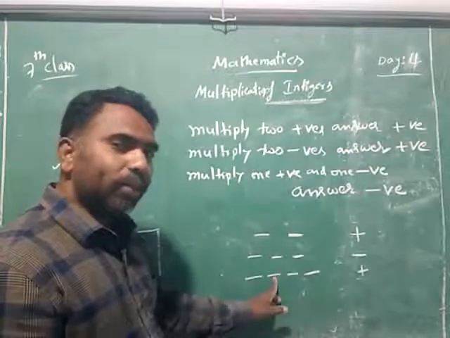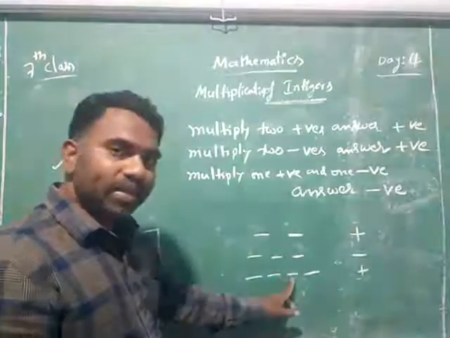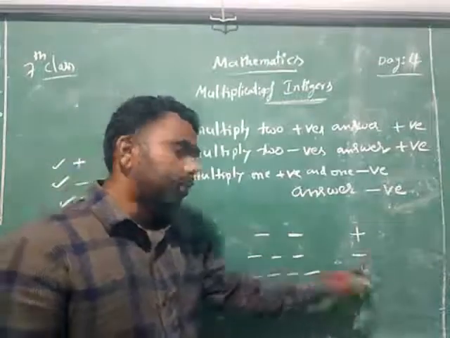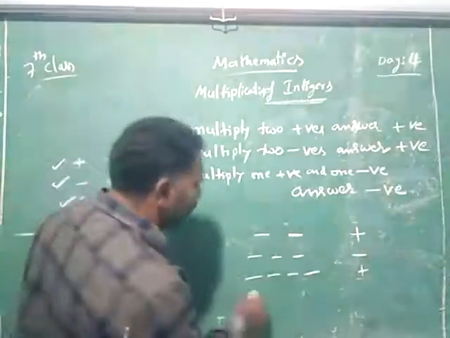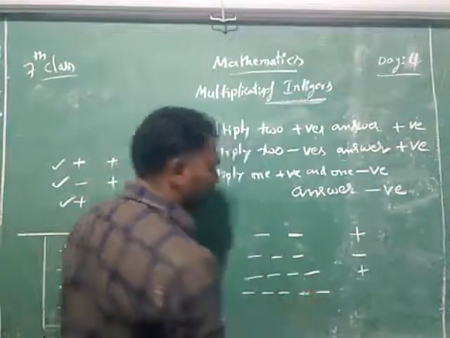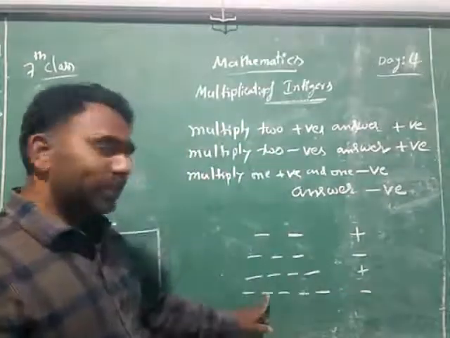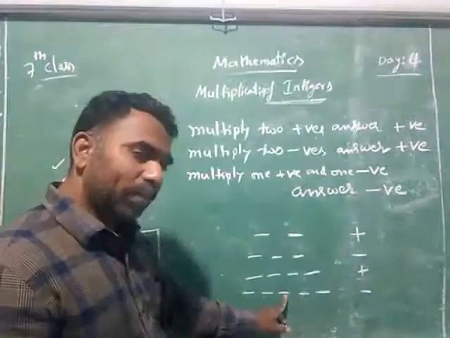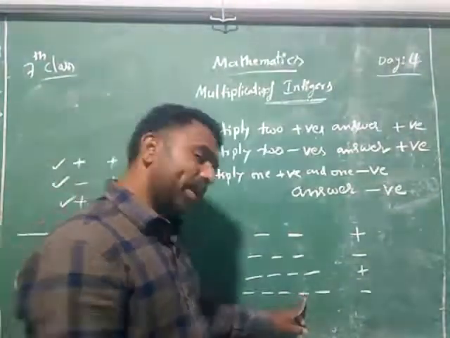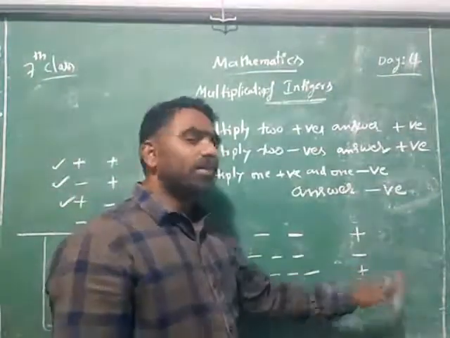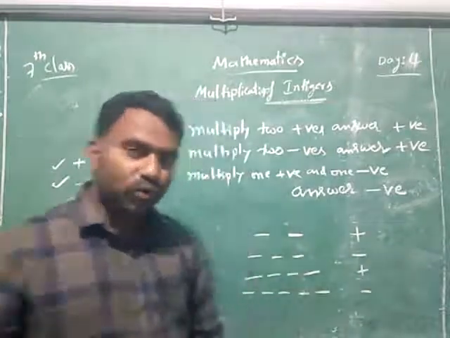If you multiply five negative numbers, we will get minus. I think you understood here.